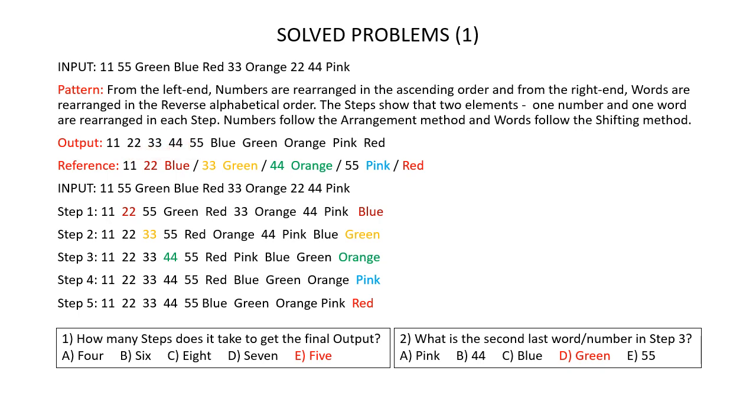You'll see that numbers are arranged in the ascending order from 11 to 55 from the left end, and words should be rearranged in the reverse alphabetical order from the right end. So in the output, the order of words will be from the right end: red, pink, orange, green and blue. So this is the final output for this particular input.